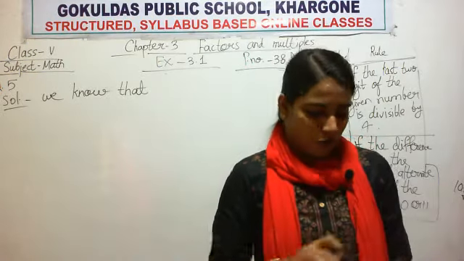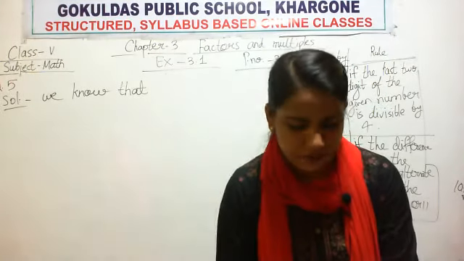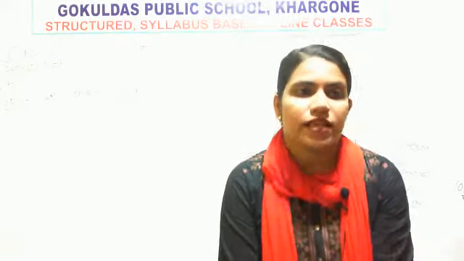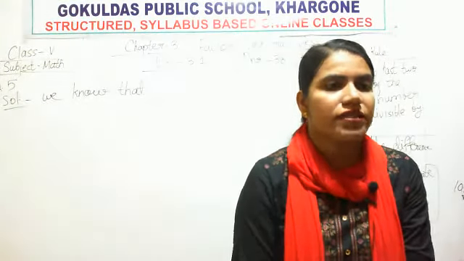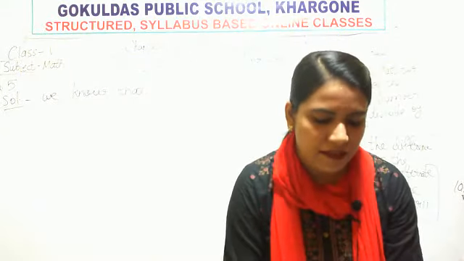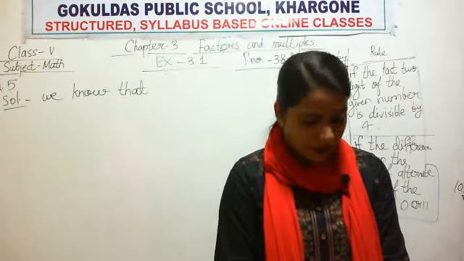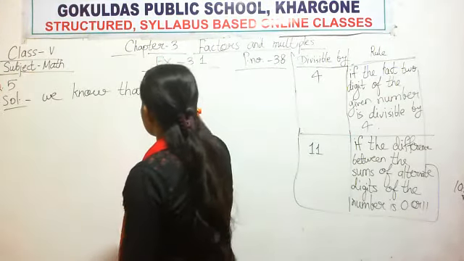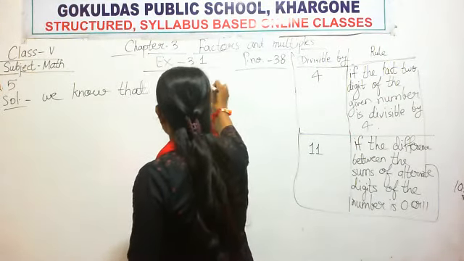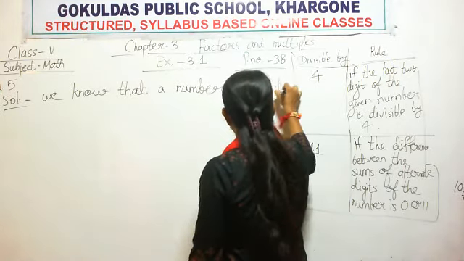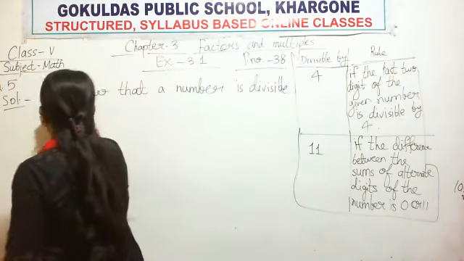So what is the divisibility rule for 3? If the sum of digits is a multiple of 3, then you can say that the given number is divisible by 3.